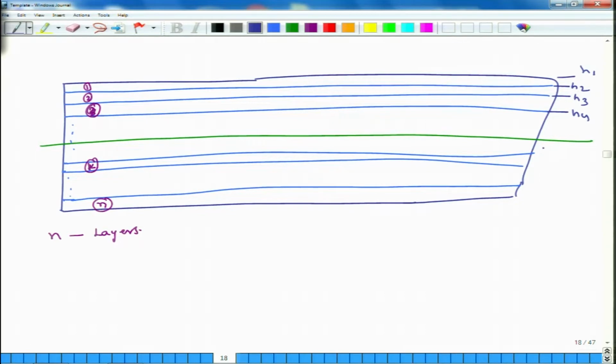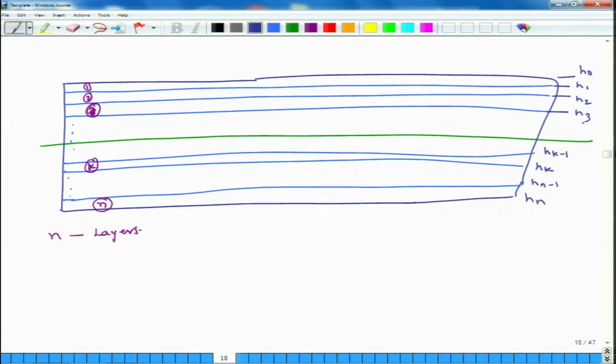For the kth layer, the top surface has a z coordinate of h k minus 1, and the bottom surface has a coordinate of h k, and similarly the top surface of the nth layer has a coordinate h n minus 1, and the bottom surface has a coordinate h n. I am sorry, yes, you are right, there is an error. The top surface is h0, h1, h2, h3, and so on.